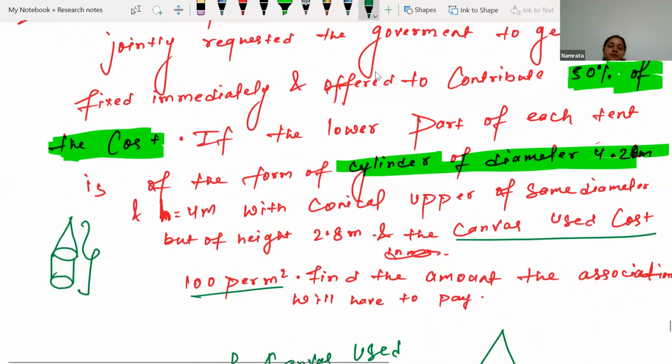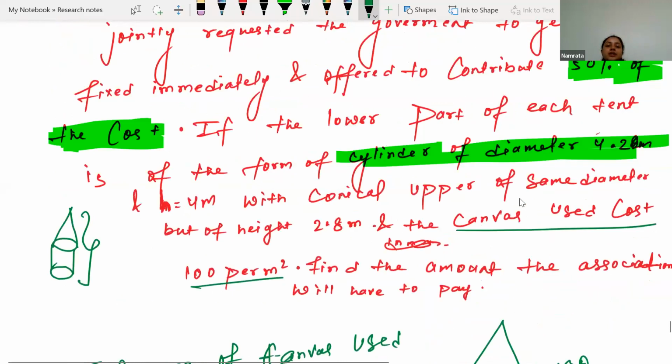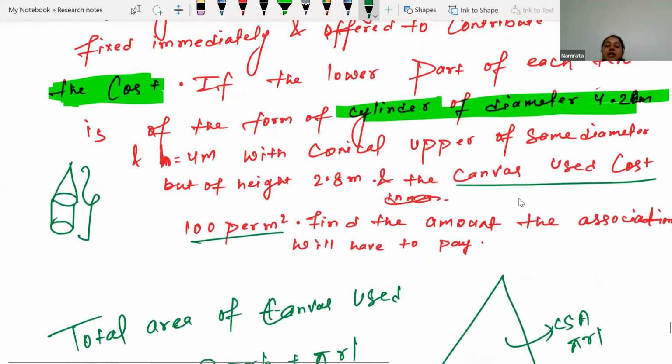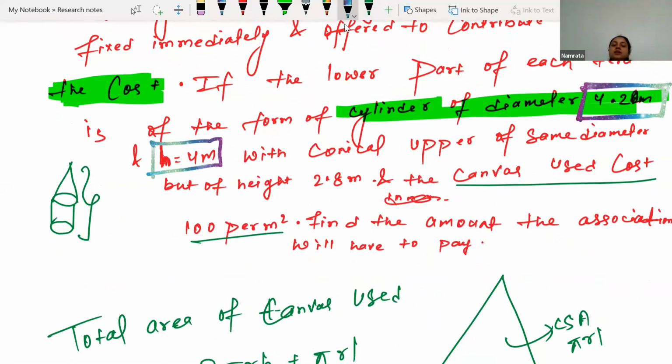Here, do we know all the information: the height of the cylinder, the radius of the cylinder, the slant height of the conical tent? Let's see. The height of the cylinder is given as 4 meter. The diameter of the cylinder is also given, so radius and height are given, with the conical upper part of the same diameter. When the height and diameter are given for the cone, we can take out the slant height by Pythagoras theorem, right?